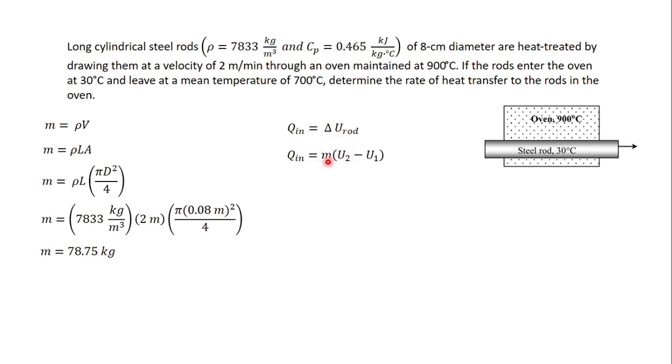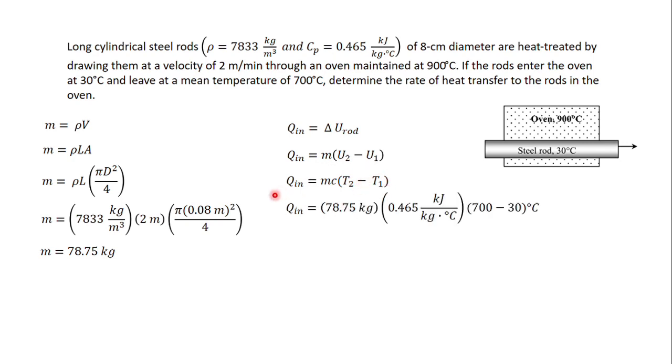It becomes mass multiplied by the internal energy at state 2 minus the internal energy at state 1. Then it becomes the mass times specific heat capacity multiplied by the temperature at state 2 minus the temperature at state 1.